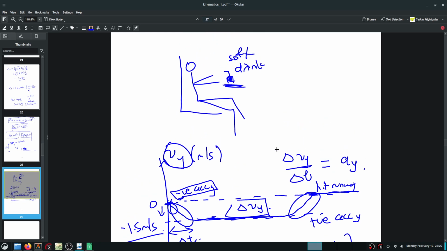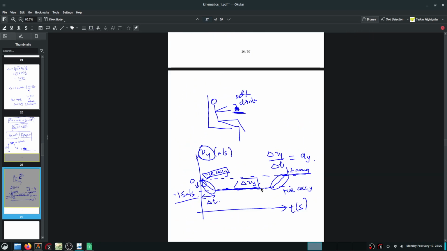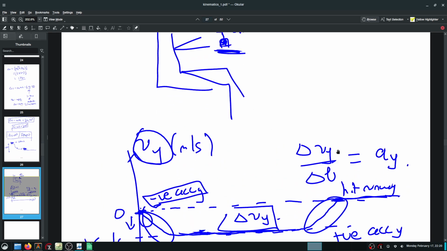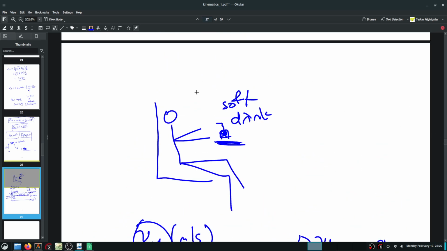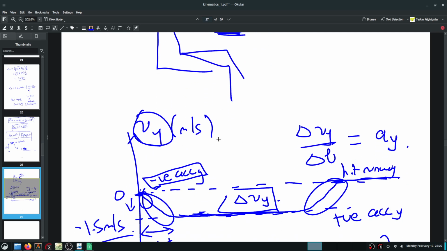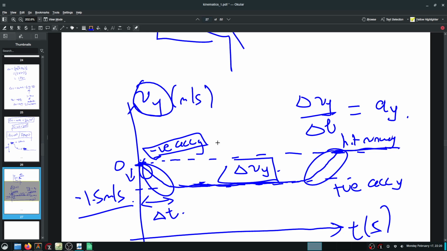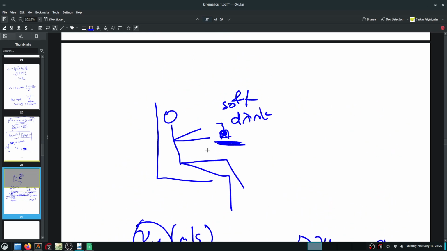Before that, what is the effect of positive and negative acceleration? So you are here, having your soft drink, trying to enjoy your flight, maybe watching some movies. Positive acceleration in the y direction, what will it feel like? Gravity is pushing you into the ground.